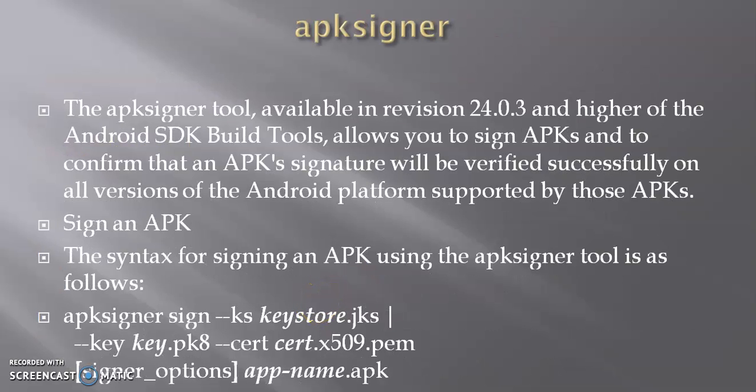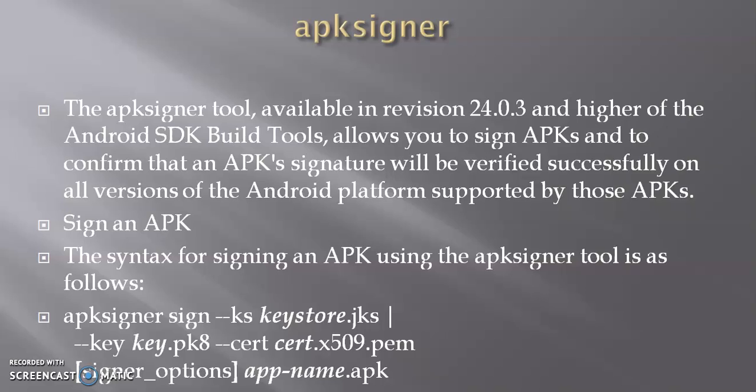The next one is APK Signer. We have already seen what the APK Signer tool is. This is available in revision 24.0.3 and higher of the Android SDK build tools. It allows you to sign APKs and to confirm that an APK signature will be verified successfully on all versions of the Android platform supported by those APKs.